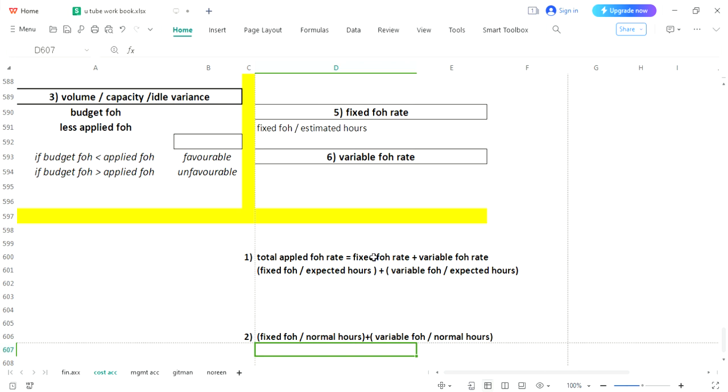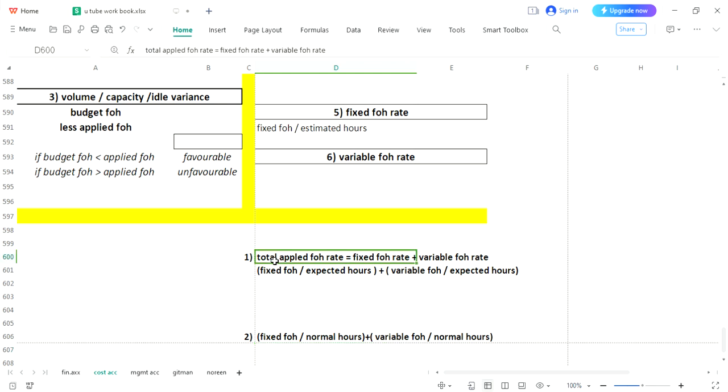Total applied FOH rate consists of two main things, fixed FOH rate and variable FOH rate. Fixed FOH rate would be calculated by dividing by expected hours, and similarly fixed FOH rate is being calculated by normal hours. So both rates we will be calculating.